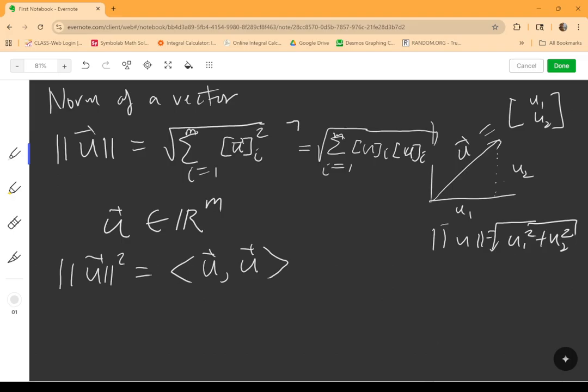Now, one thing to realize here is that while the inner product can be positive, negative, or zero, since we are taking the inner product with the vector u itself, this is going to be greater than or equal to 0.